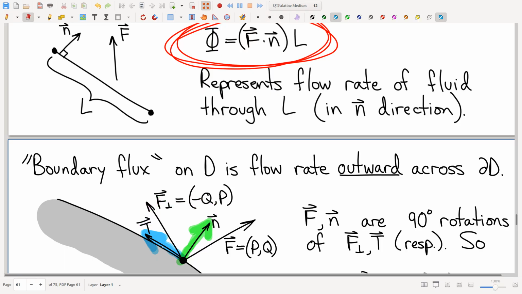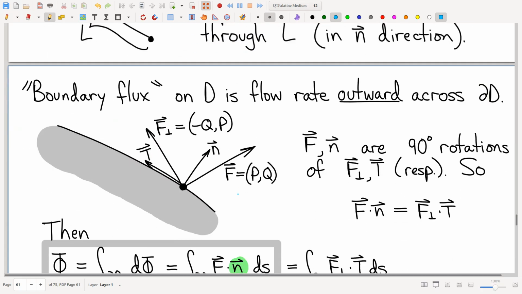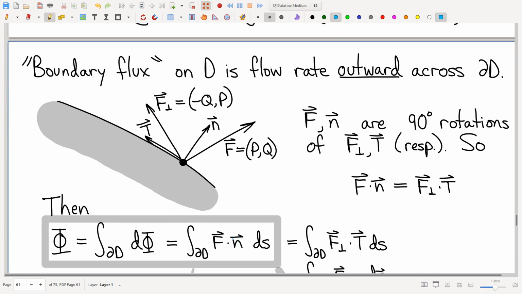And so now all together then, let's look at what happened. We were interested in this dot product, f dot n. I was interested in the dot product of these two vectors. I took those two vectors, I rotated them both 90 degrees counterclockwise, and that doesn't change the dot product at all. The magnitudes don't change, the angle between them doesn't change.